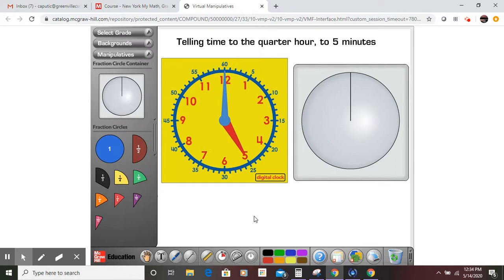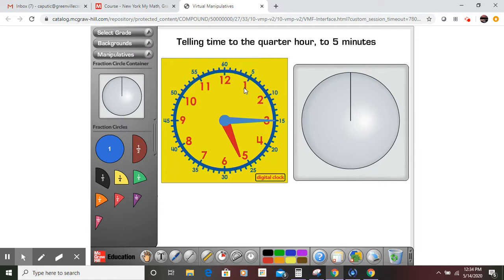So his day started with breakfast as well, but not at 5 o'clock like you see on the analog clock here. His breakfast was at this time. So notice we are after 5 o'clock and we have to figure out how many minutes that is. So we know that each one of these marks is 1 minute.